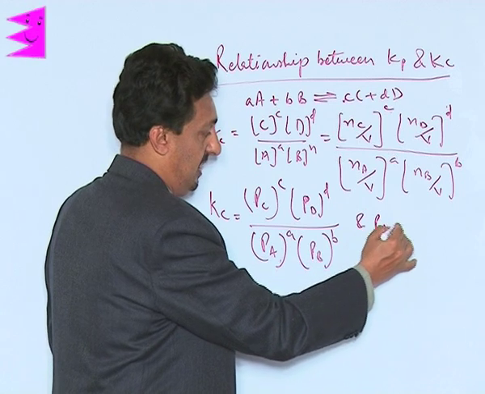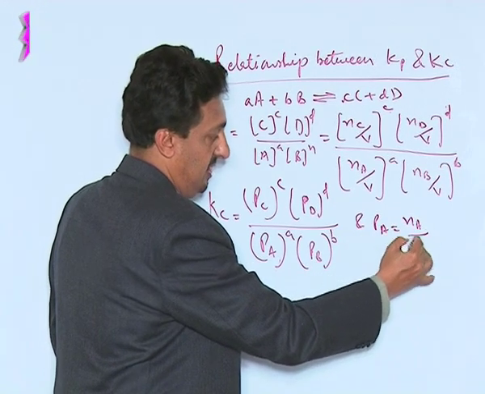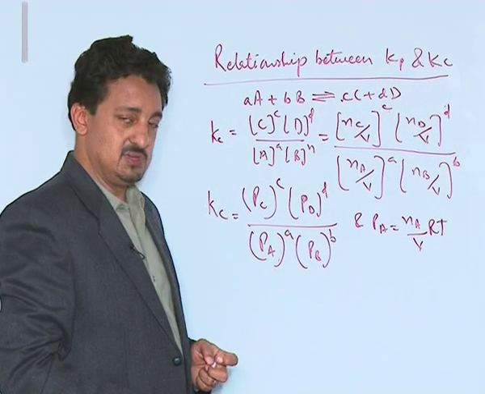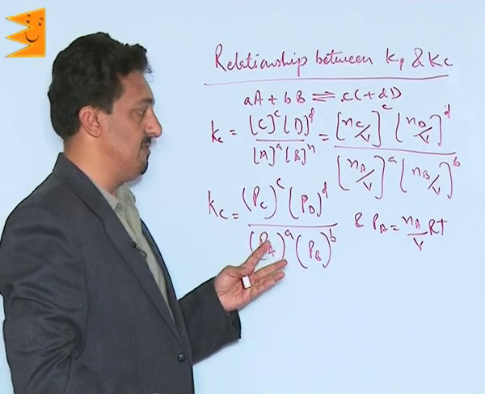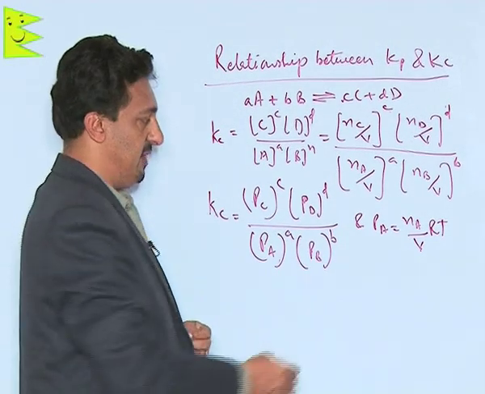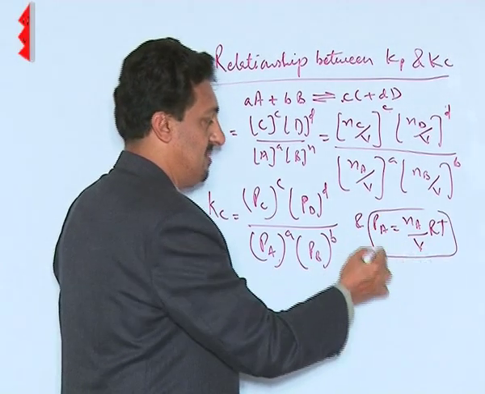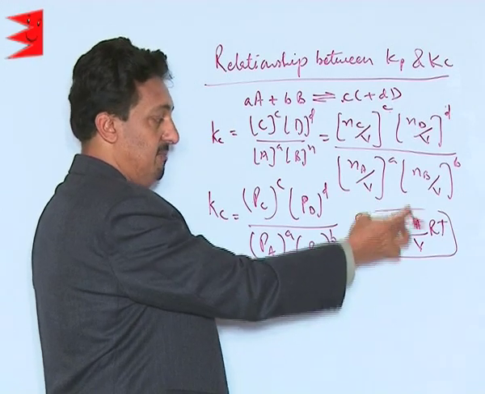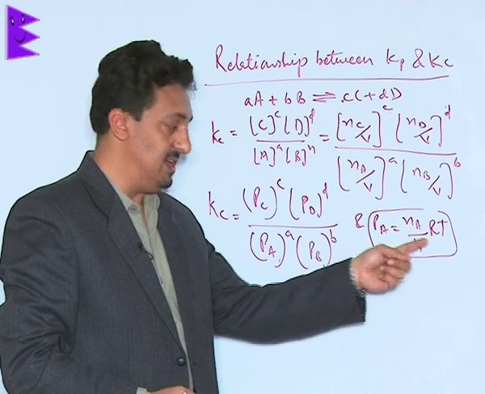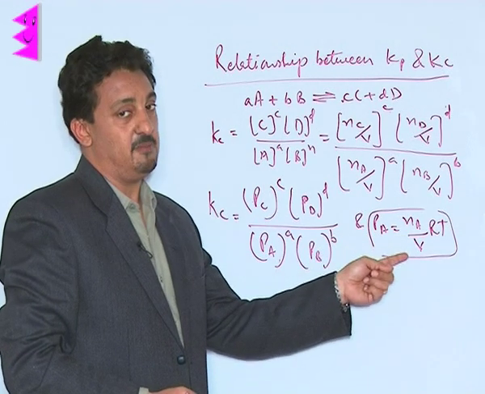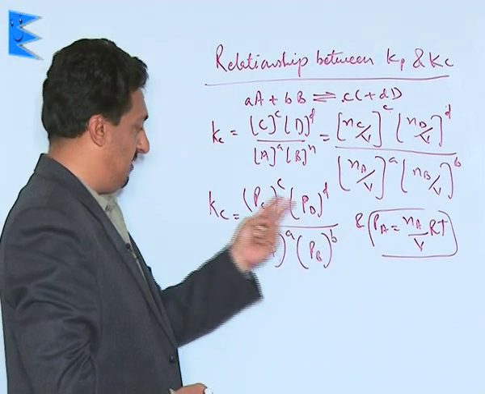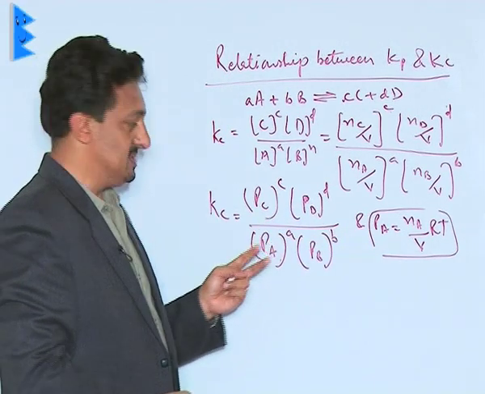Suppose we want to know for A, it will be number of moles of A, Na, upon V times RT, as from the ideal gas equation. Considering all the reactants and the products showing ideal behavior, we can use this formula for finding out their partial pressures. Similarly, PB will be Nb upon V RT, PC will be Nc upon V RT, and PD will be Nd upon V RT.